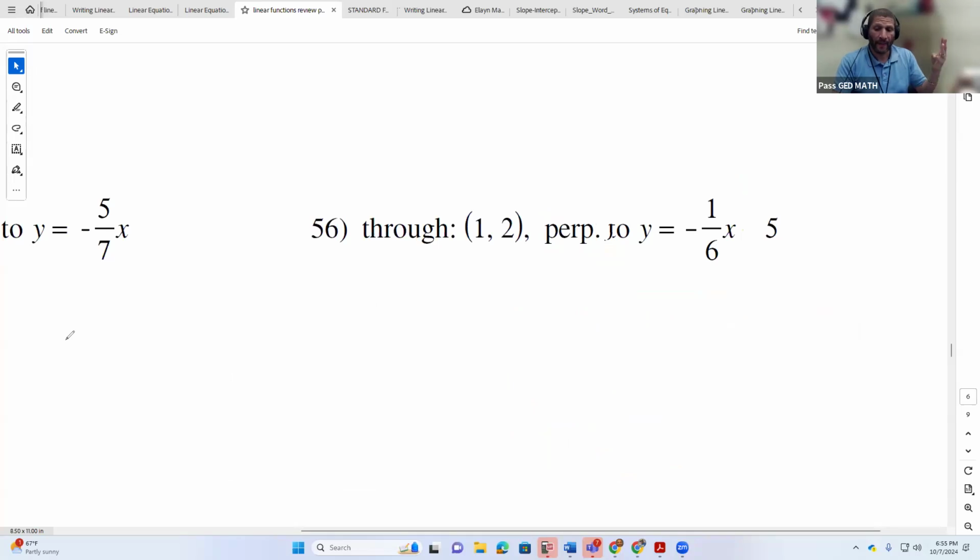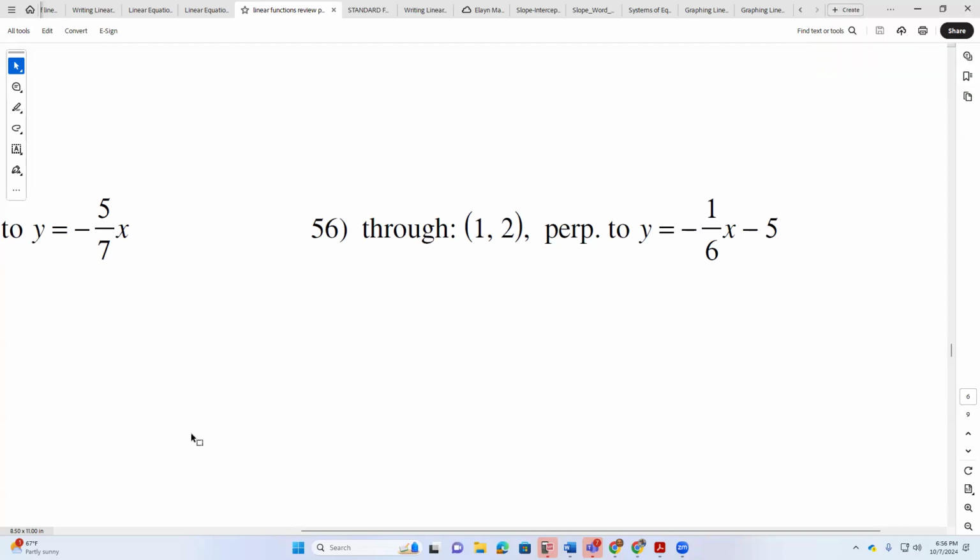You should be able to find the slope and y-intercept from an equation in slope-intercept form. You should be able to graph an equation. You should be able to find the equation of a line that's parallel and perpendicular to an equation given a point and a slope or given a point and an equation. That's 5 problems guaranteed on your exam. I can guarantee you.